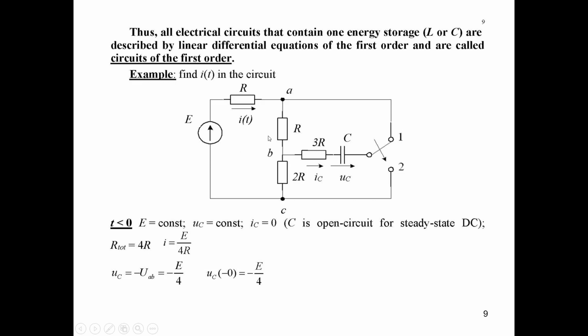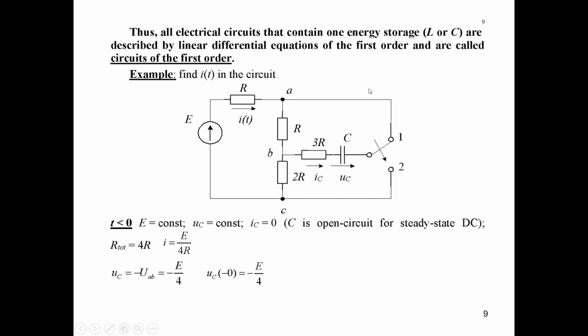So we can write down that current I of t equals E over R plus 3R, which is E over 4R. And the voltage drop across this capacitance: there was no current here, but there was a voltage drop. You see, this branch and this branch were connected before commutation in parallel.